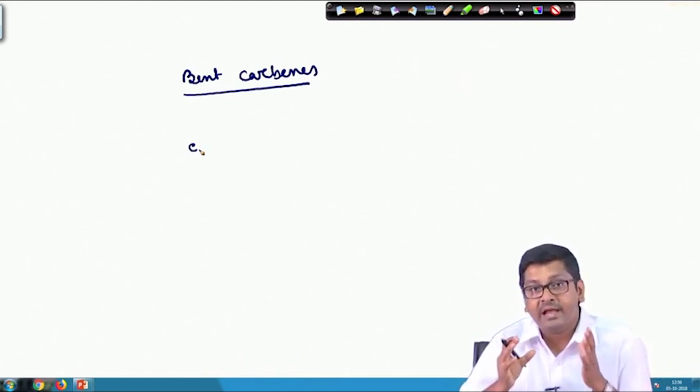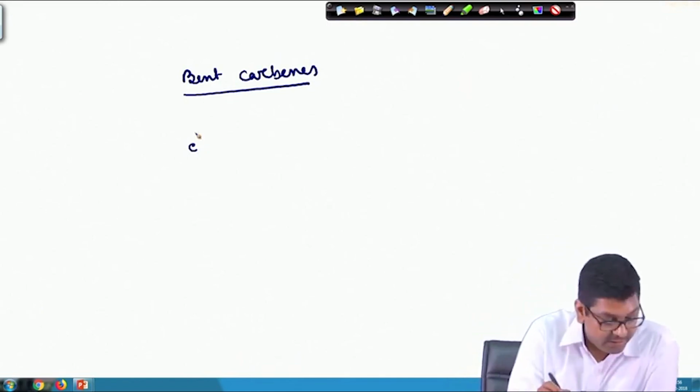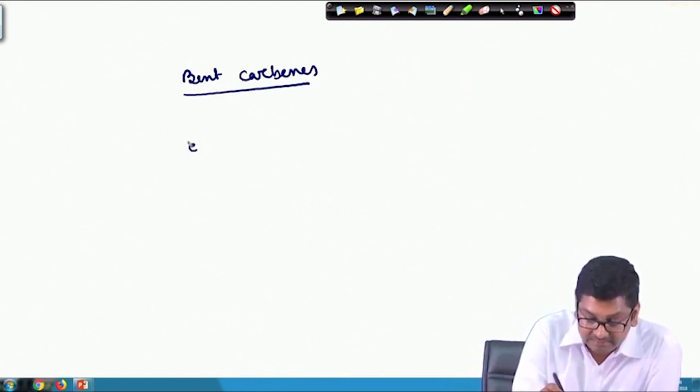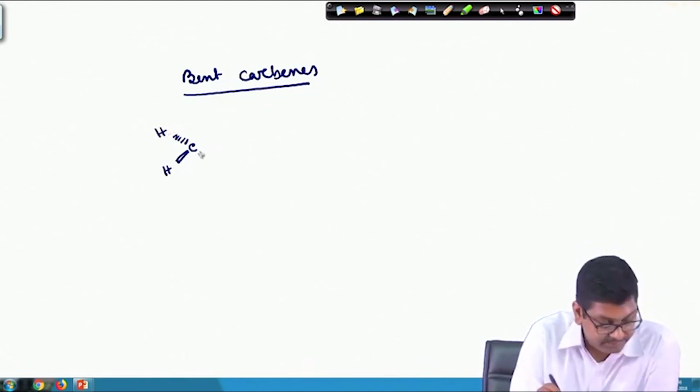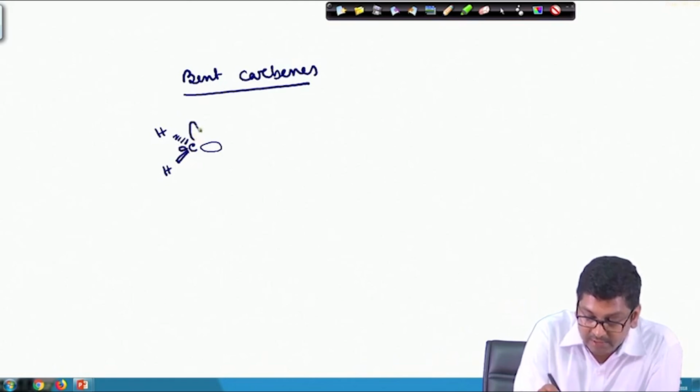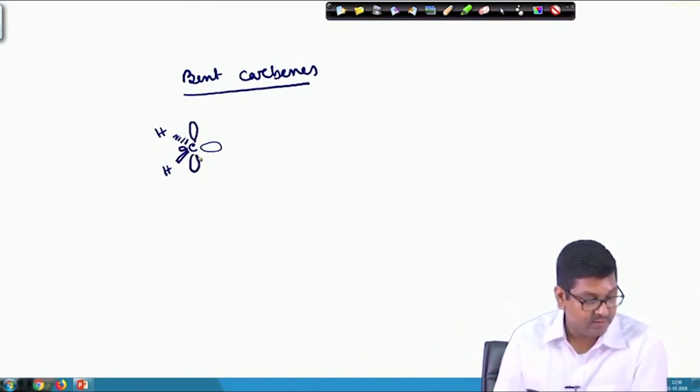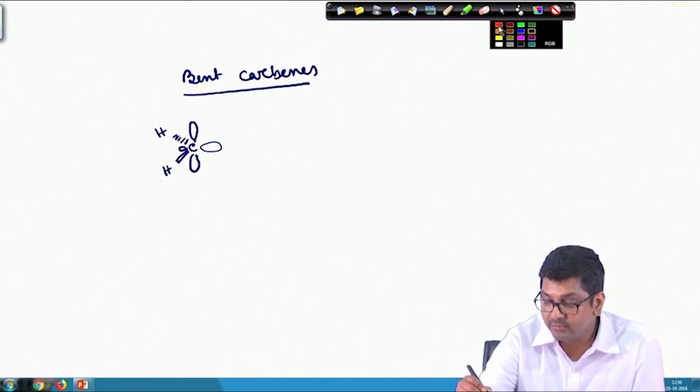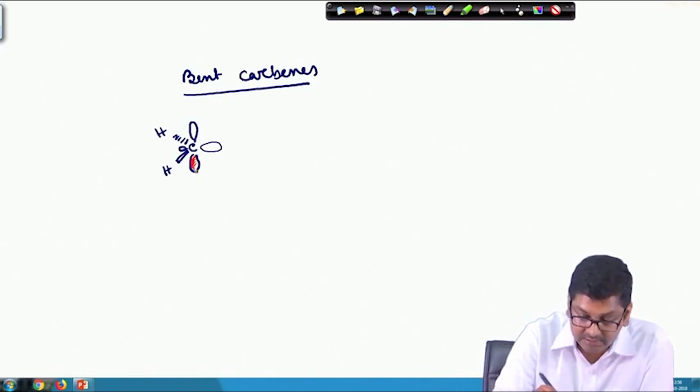They are bent, that means for these carbenes, let us say we write hydrogen here, and this has one sp2 orbital and one p orbital. Next we can fill it up like this.